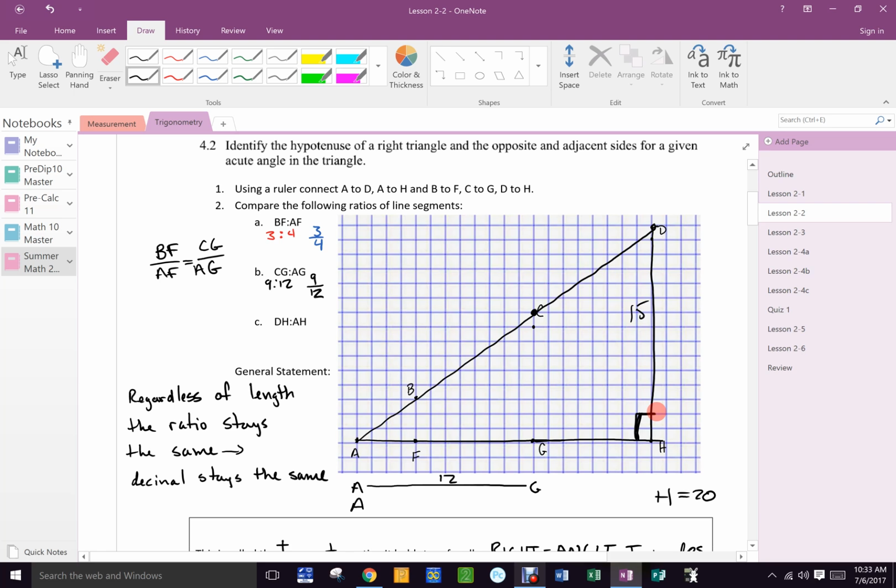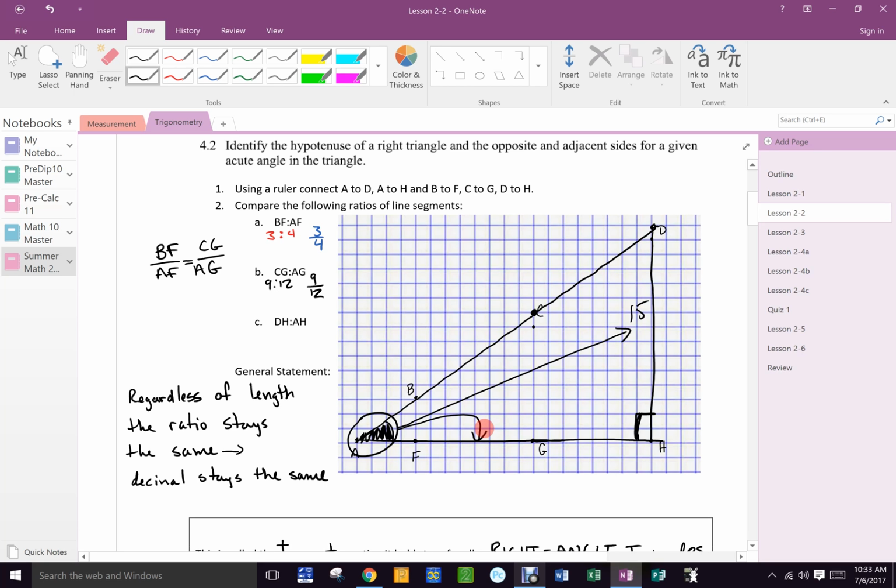Now, what was the comparison we made? We took this side and we compared it to the bottom, yes? And this was the angle that we were starting from. When I start from this angle, what are the two things that I compared? I compared that side and I compared that side, yes?